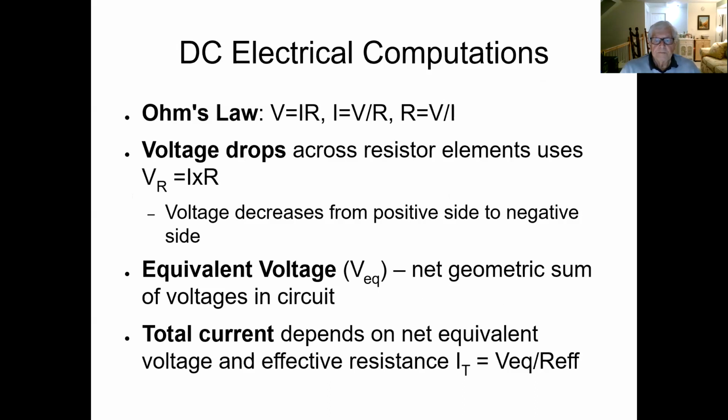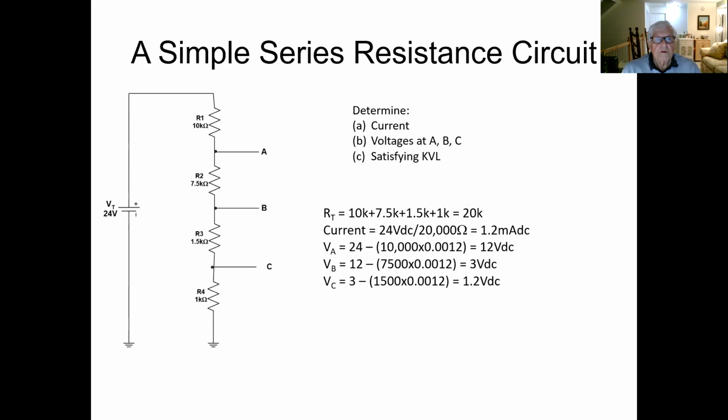So here's our first very simple series circuit. We call it a series circuit because the components are hooked up one after the other in a series fashion. So we start out in here, we've got a 24 volt source, and we've got 4 resistors of different resistance values.